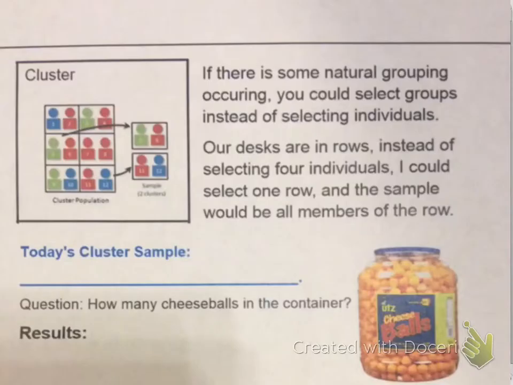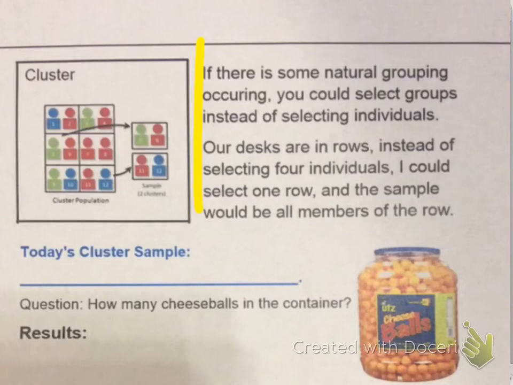All right, the next kind of method that we're going to talk about is a cluster. If we would just read what's going on up here to kind of explain it, it says if there is some natural grouping occurring, you could select groups instead of selecting individuals. Our desks are in rows. Instead of selecting 4 individuals, you could select a row. And the sample would be all of the members of the row.